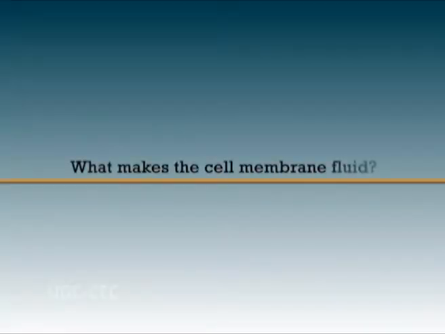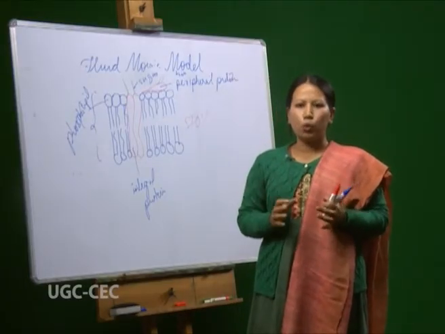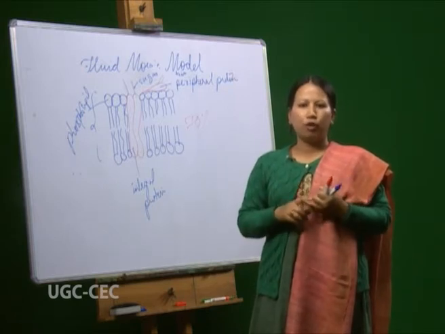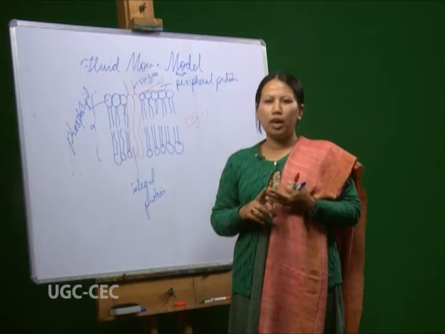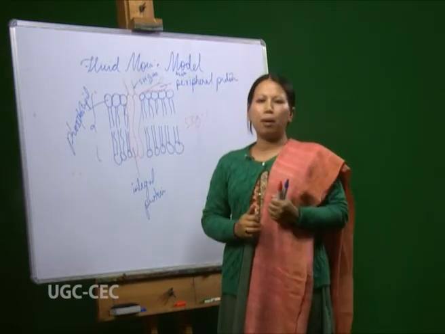Now, let's see what makes a cell membrane fluid. The fluid mosaic model is how scientists describe what the cell's membrane looks like and how it functions, because it is made up of a bunch of different molecules that are distributed across the membrane.